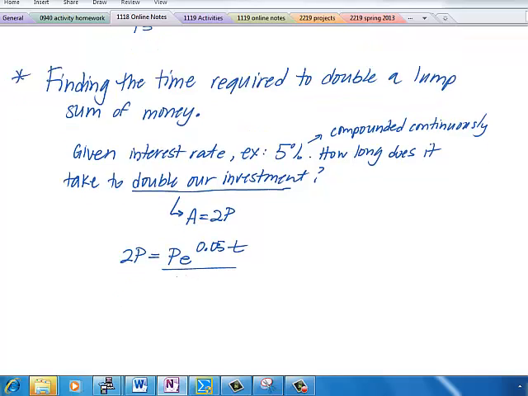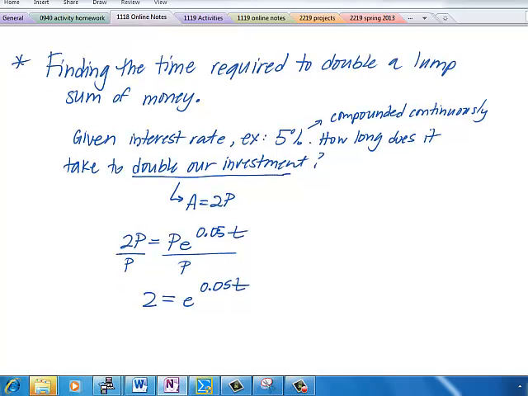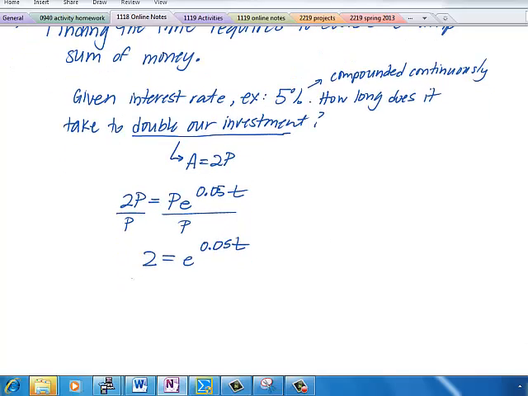First thing we would need to do would be divide by the principal, and we get 2 equals e to the 0.05t. Take the natural log of both sides. Move your exponent down.